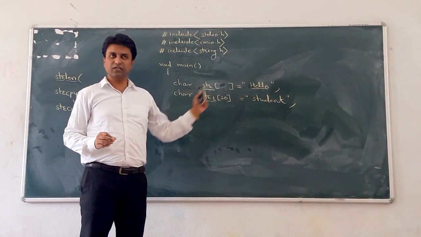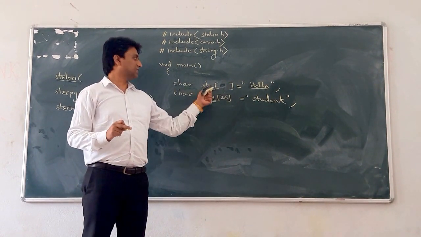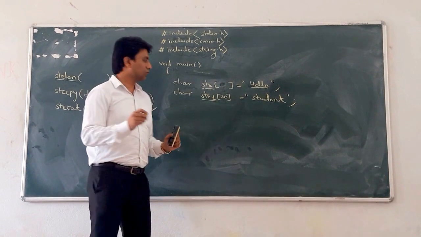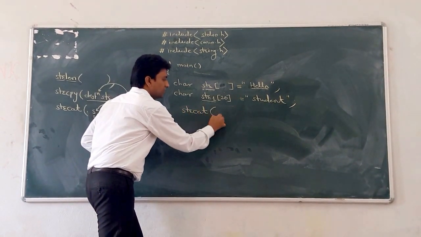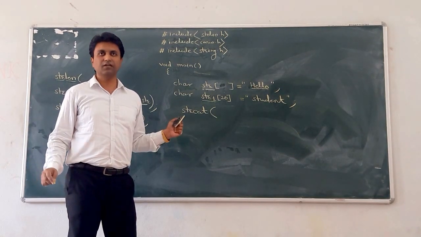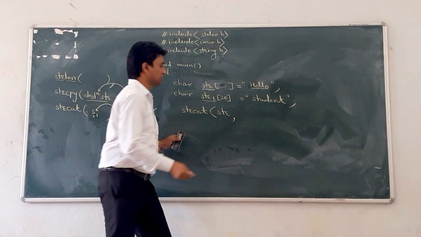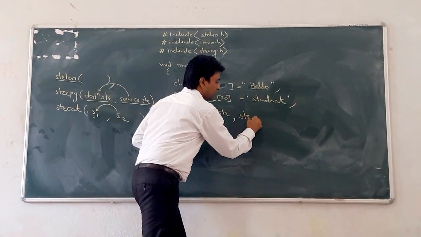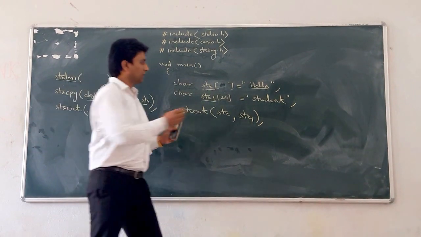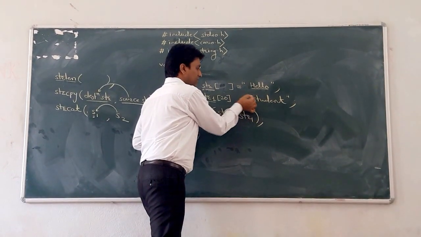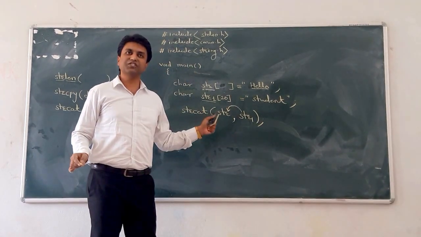These are two strings, we want to concat them, but the result is saved in str itself. So call the function string concatenation. First argument is str, second argument is str1. So what happens? Whatever the string str1 is, it is concatenated at the end of string str.